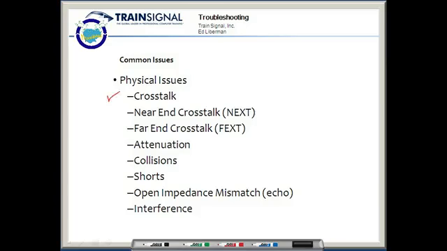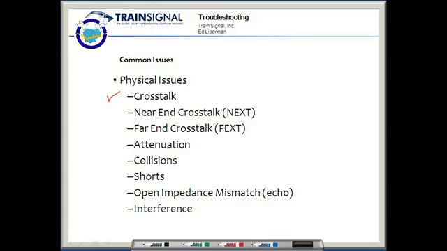Well, earlier when we talked about cabling, we talked about twisted pair cabling, and I explained that the reason that we have the pairs of wires twisted is because when you have wires running in parallel with one another, well, what you end up having is a form of signal bleed, where the signal bleeds off of one wire and onto the other, and that is what is called crosstalk.